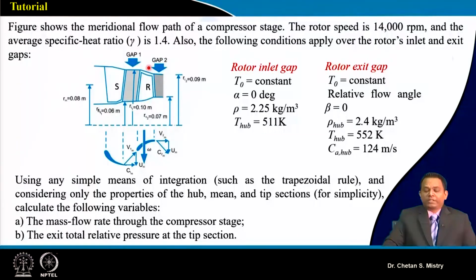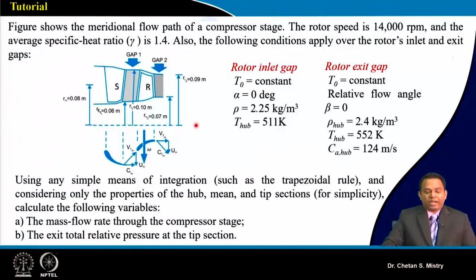The following conditions apply over the rotor inlet and outlet gaps. Information available at the rotor inlet gap: my total temperature is constant, my inlet absolute flow angle is 0, density is 2.25 kg per meter cube, and static temperature at the hub is 511 Kelvin.